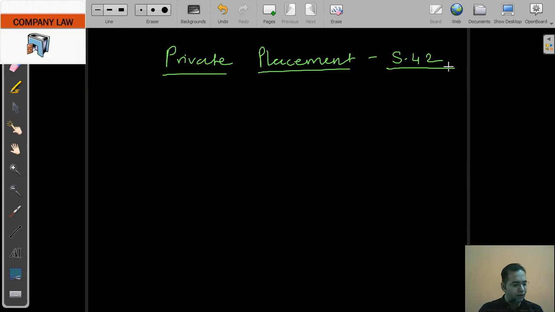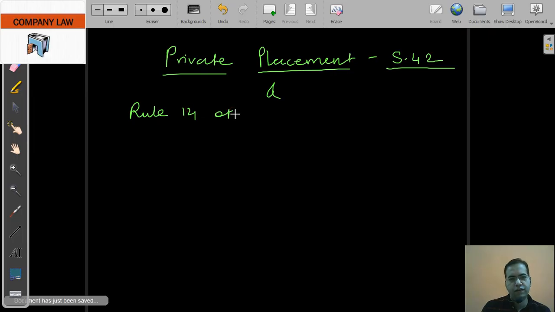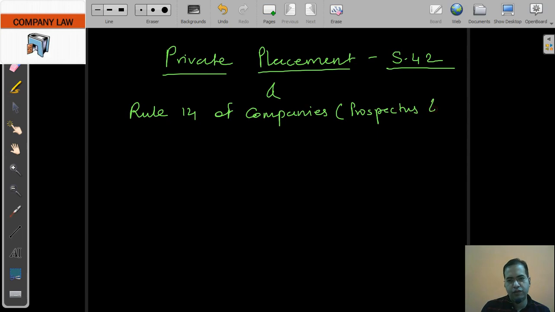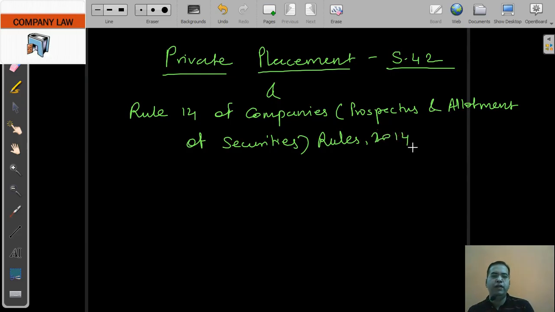At the same time, we will have to study rule 14 of the Companies (Prospectus and Allotment of Securities) Rules, 2014.